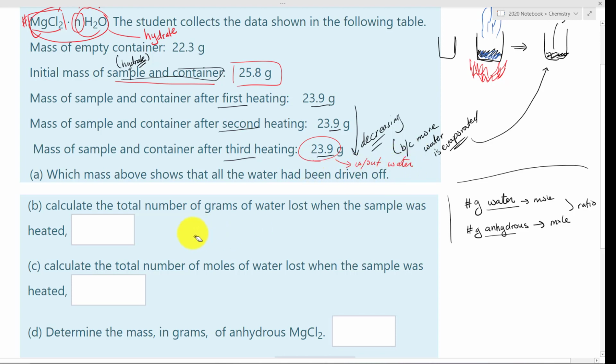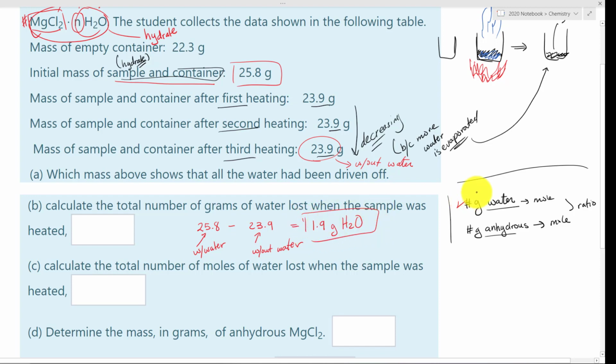To find the water loss, take this one here, 25.8 minus 23.9, because this is without water and this right here is with water. So what do we get in the end? In the calculator, 25.8 minus 23.9 turns out to be 1.9 grams of H2O.